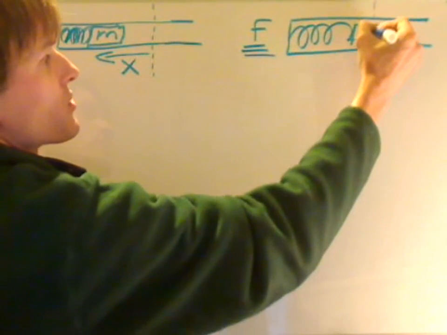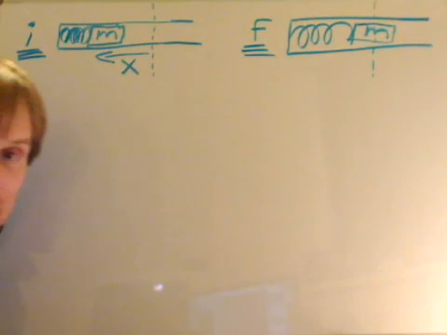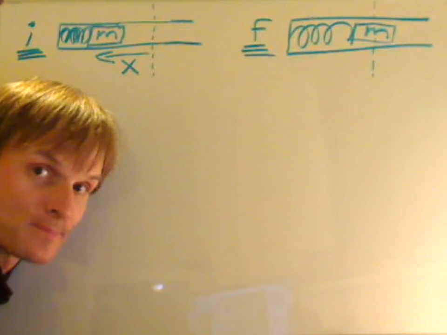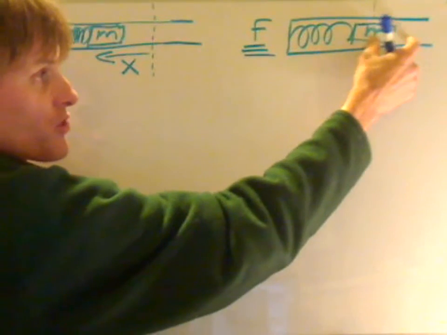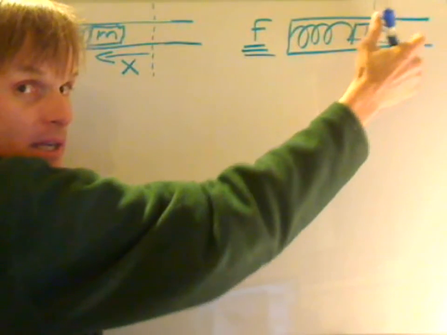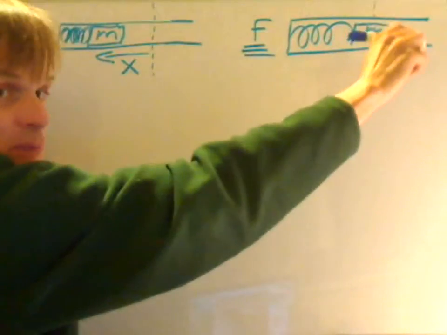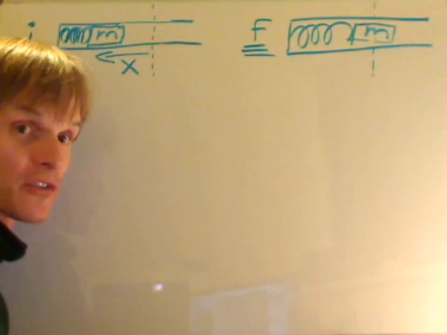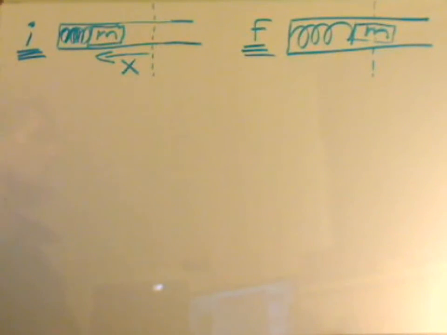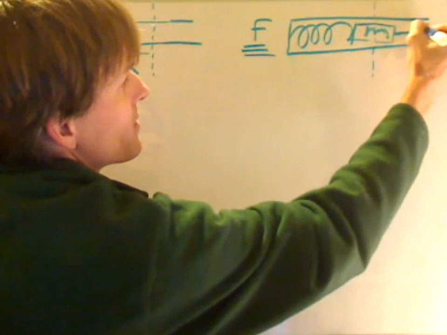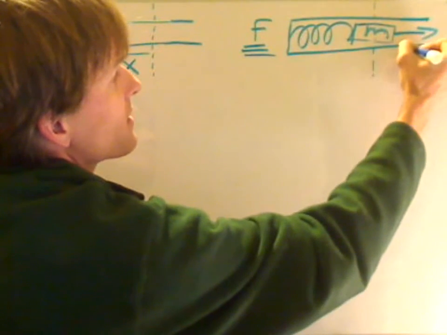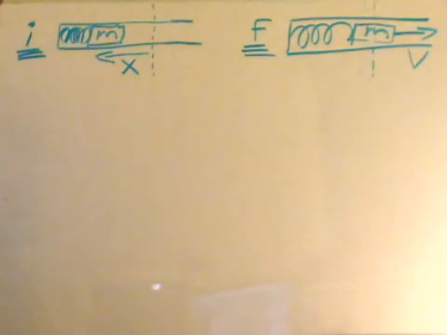Okay, so there's our plunger now, mass M, pushed to equilibrium. We know that that's the maximum speed there because as this plunger stretches the spring, it's going to start slowing down because the spring's going to start pulling on the plunger. So this is where we have our maximum speed, and we'll just call that V to make things easy. So it has a speed V out there.